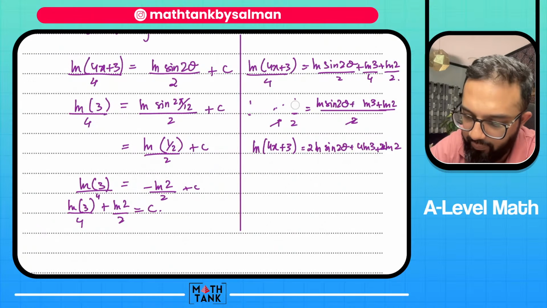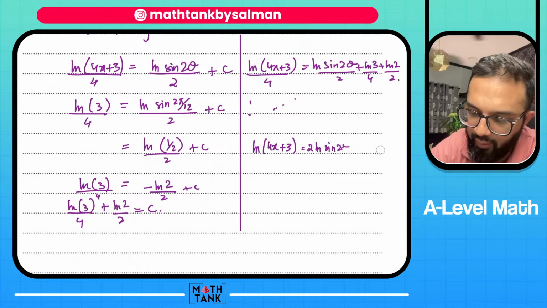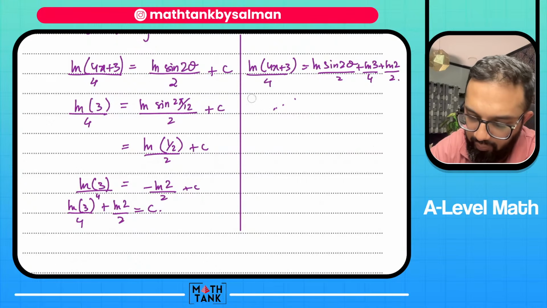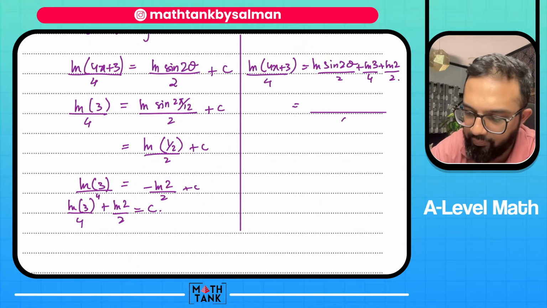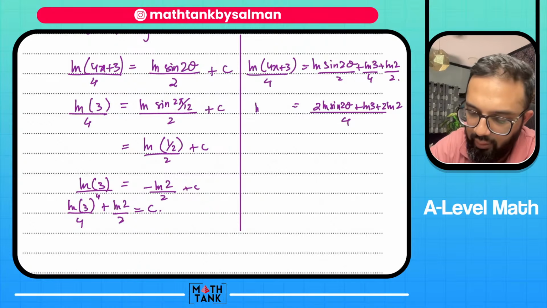Okay, let's do this again from here. So 4 is the common denominator. 2 ln sine 2 theta plus ln 3 plus 2 ln 2, equals ln(4x plus 3) over 4.